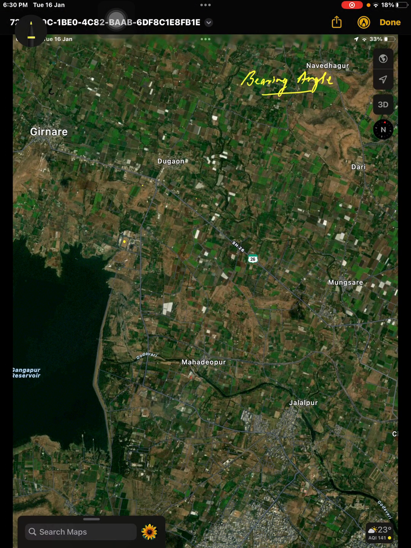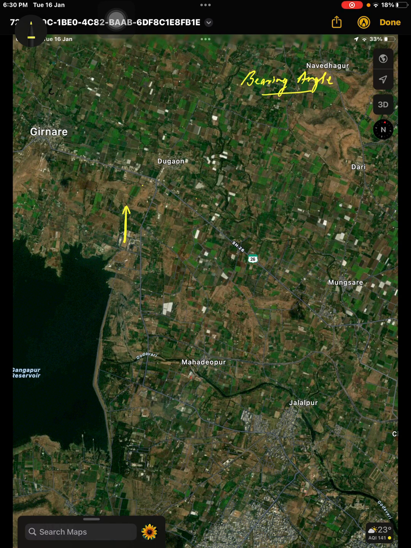If this is the north direction that I am marking at this moment, then from your school, when you look at all these different places, there are different angles, and we try to standardize a measurement system to each of these places.